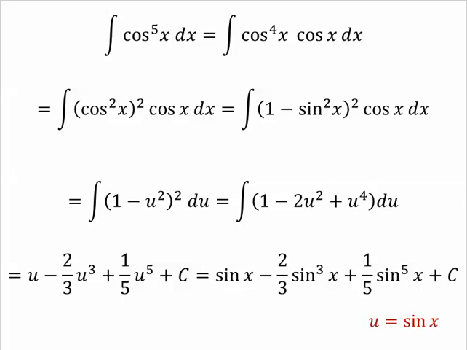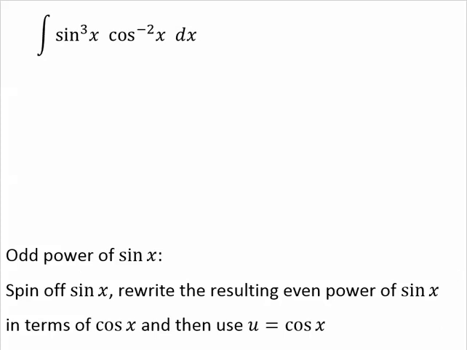Let's do another example, and this time we have sine to an odd power. So I'm going to spin off sine this time, because that's the one that's to an odd power. Spin off a sine, rewrite the resulting even power of sine in terms of cosine, and then do a u substitution, u equals cosine x.